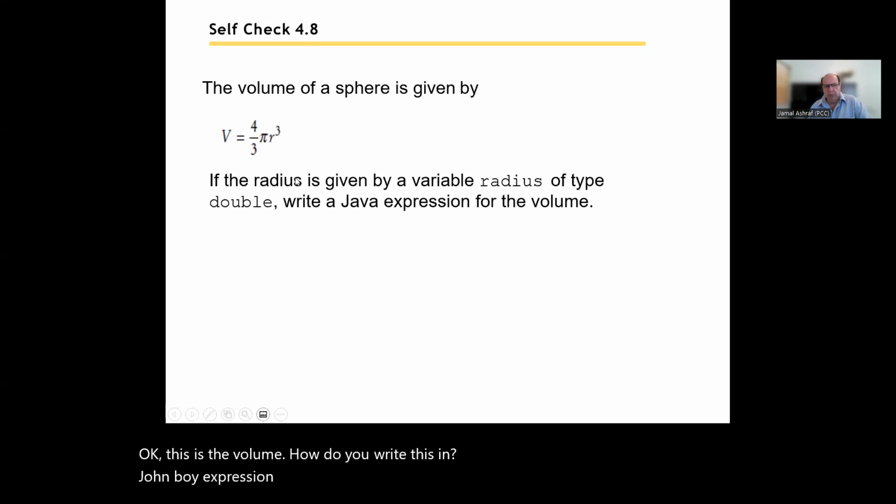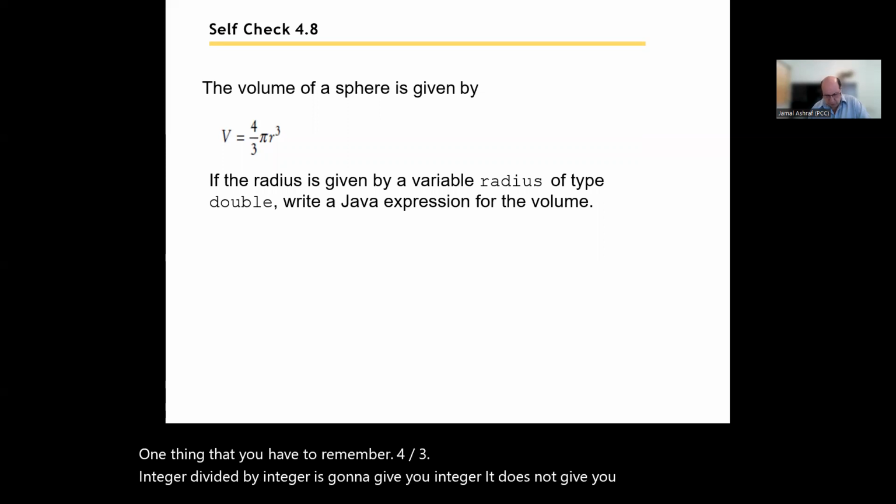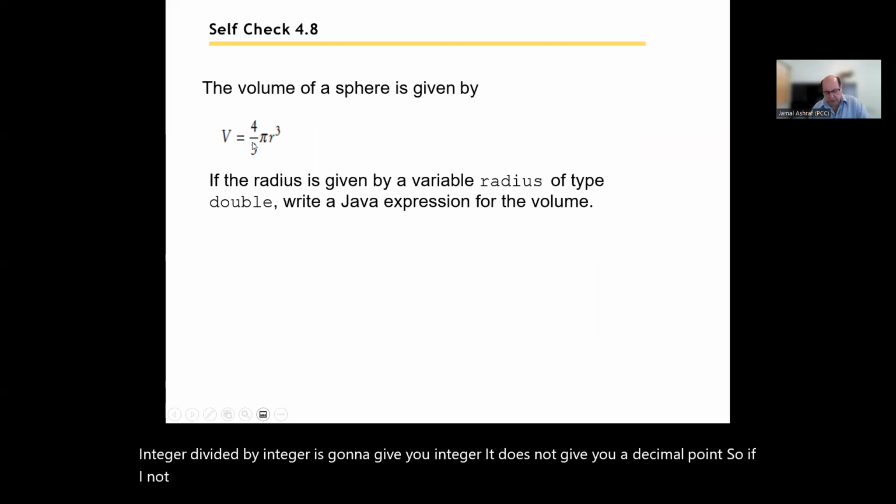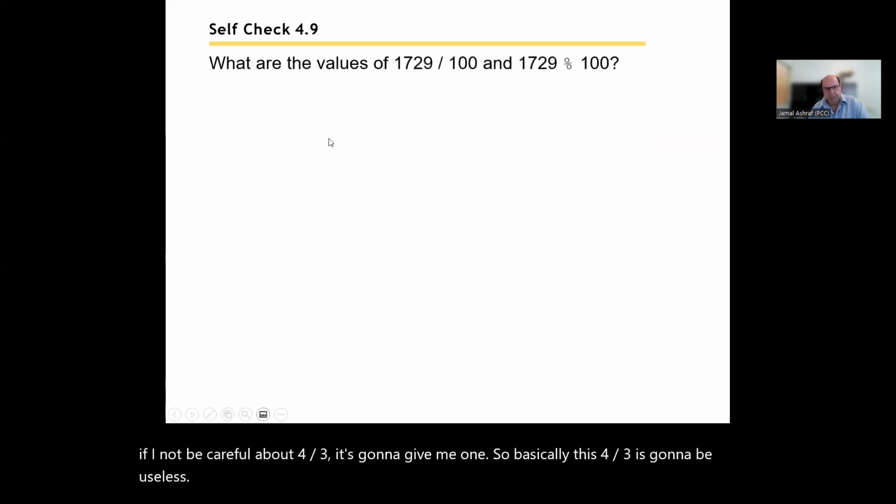One thing that you have to remember: 4 divided by 3, integer divided by integer is going to give you integer. It does not give you a decimal point. So if I'm not careful about 4 divided by 3, it's going to give me 1. So basically this 4 over 3 is going to be useless. You've got to keep your eye on that one.